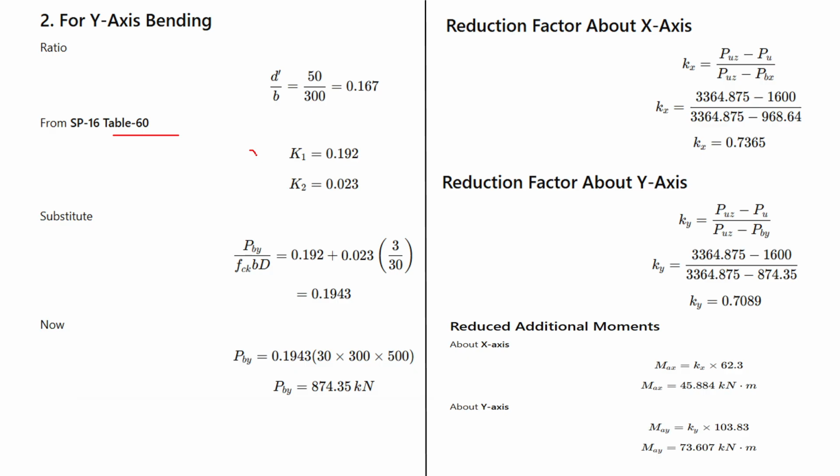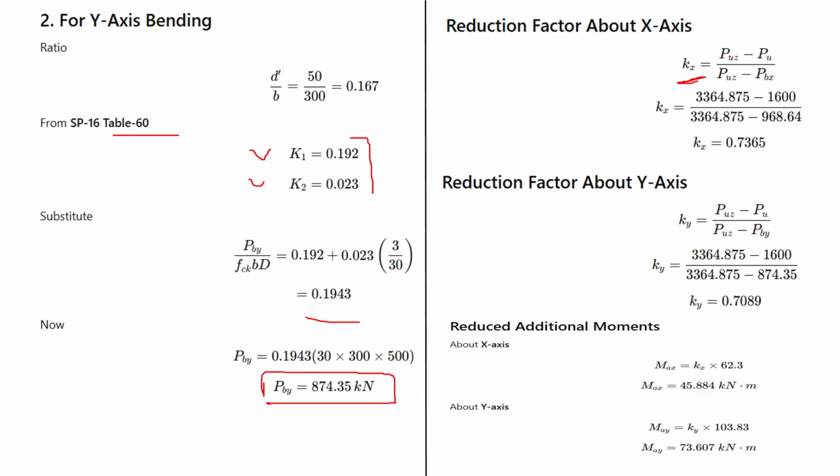You have to find out the K1 and K2, and here you have to do interpolation to get K1 and K2. Now PBY you get using the formula, and finally you are getting 874.35.